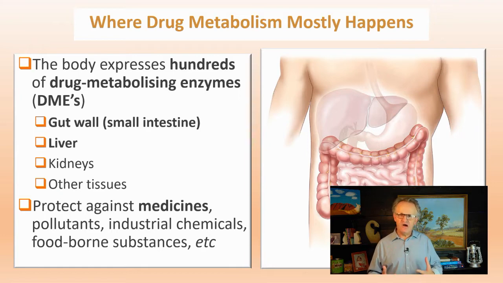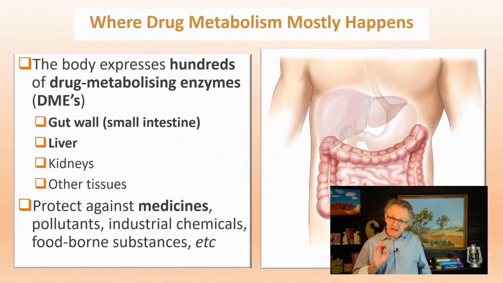Most of them, as you might expect, are strongly present in the gut wall, in the upper intestines, but especially the liver. And these are the two organs that are so important because they're the first port of call for any chemicals in the foodstuffs that we consume. They immediately make their way to the gut wall and the liver, and it's important that we have protective capabilities in those tissues to render those compounds less toxic by metabolizing them.